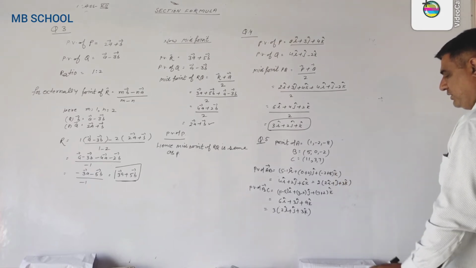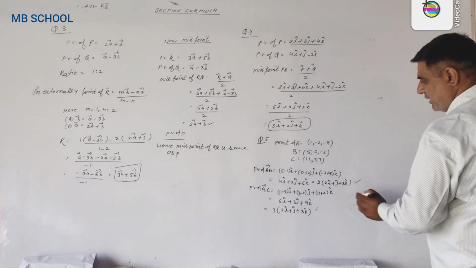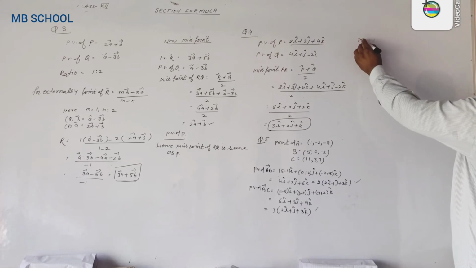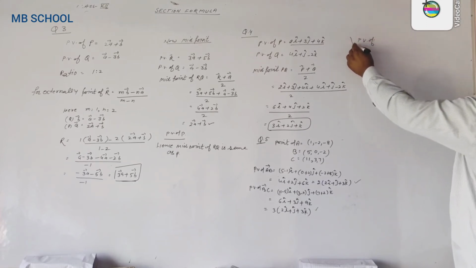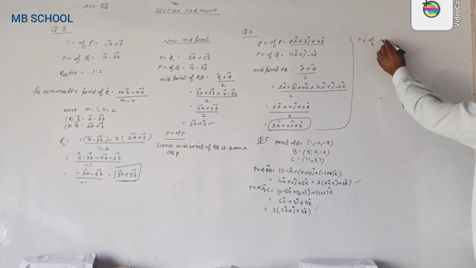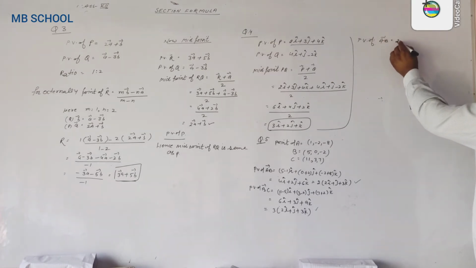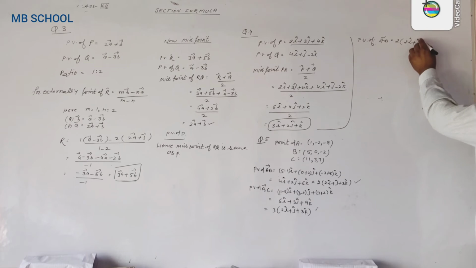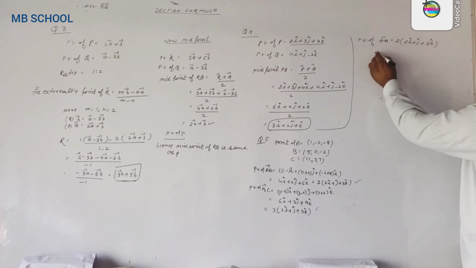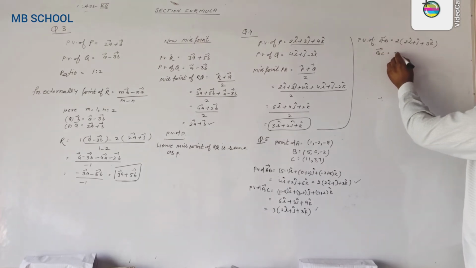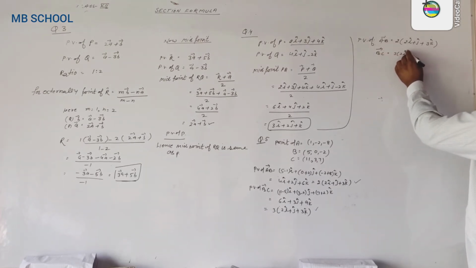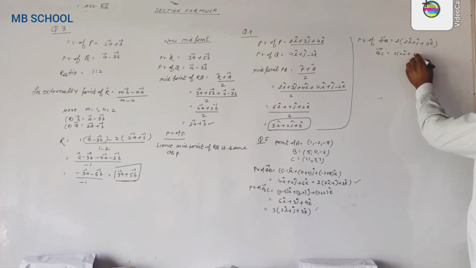Now look here. The position vector of AB is equal to 2 into (2i plus j plus 3k), and the position vector of BC is equal to 3 into (2i plus j plus 3k).